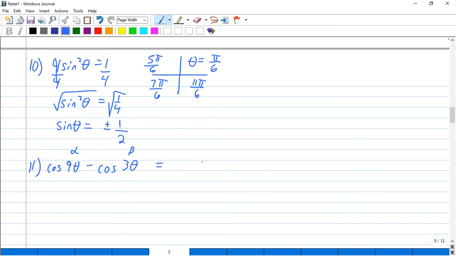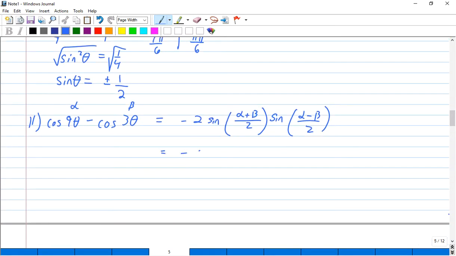And our formula is negative 2 times the sine of alpha plus beta over 2 times the sine of alpha minus beta over 2.